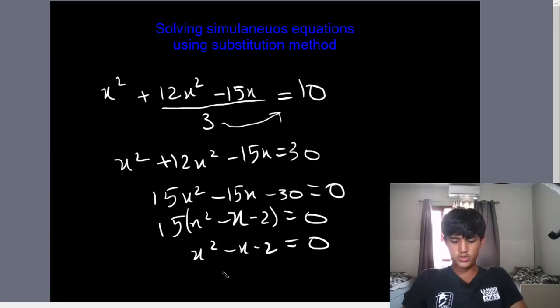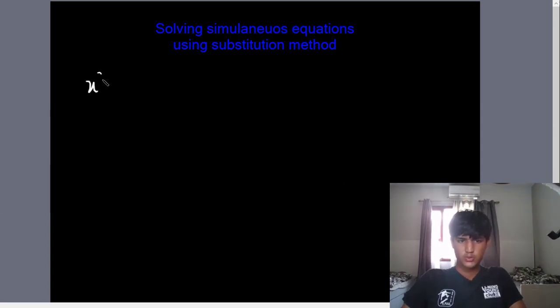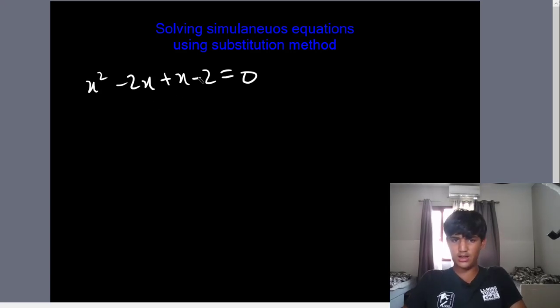So it's going to be minus 2 plus 1. x squared minus 2x plus x minus 2 is equal to 0. When you sum up minus 2 and plus 1, you get minus 1. And when you multiply them, you get minus 2.